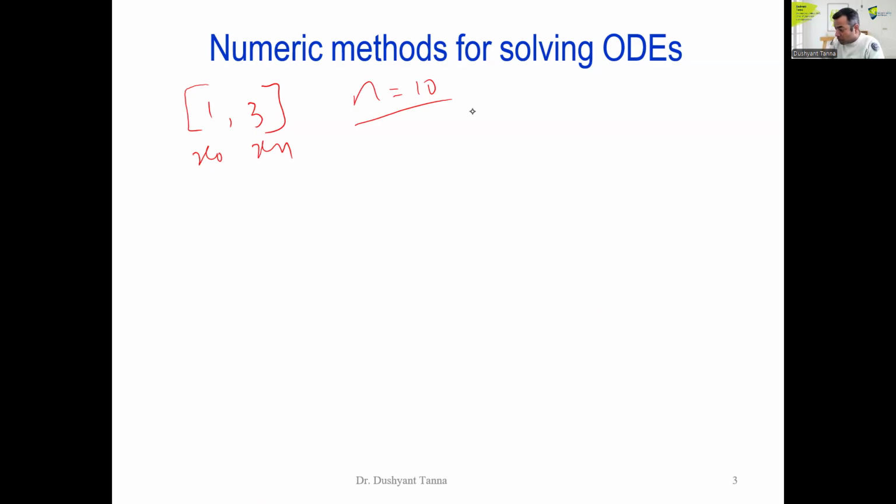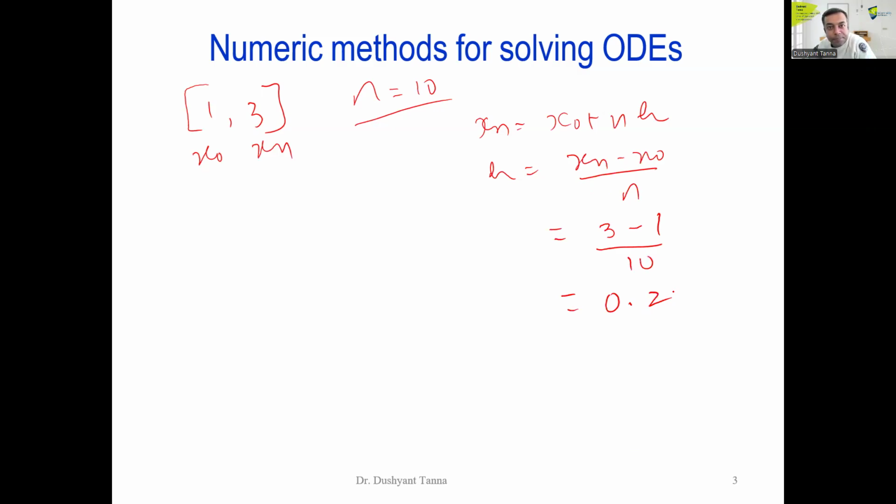What is h? Or what is your xn? It will be x0 plus nh. So from that, h will be xn minus x0 divided by n. xn, which is 3, x0, which is 1, n, which is 10. So my h is 0.2.